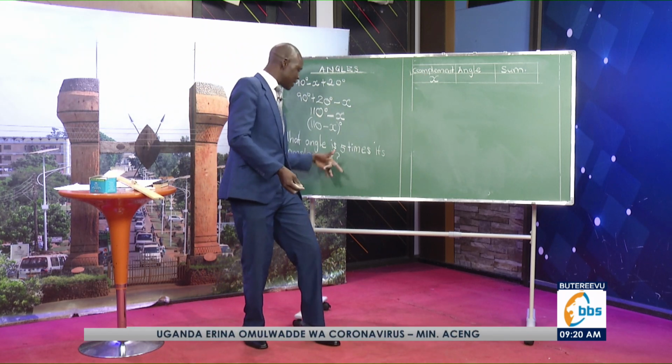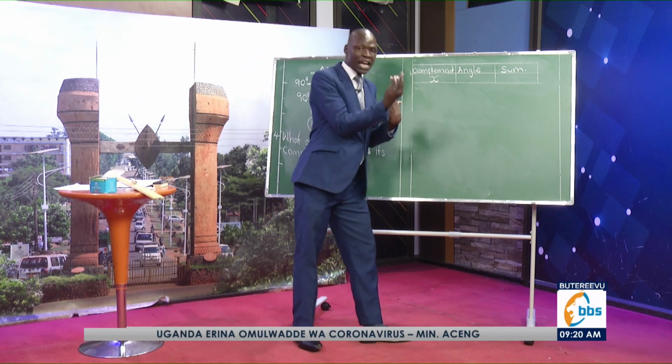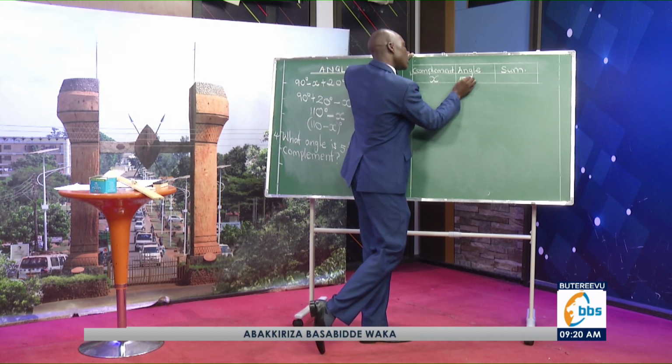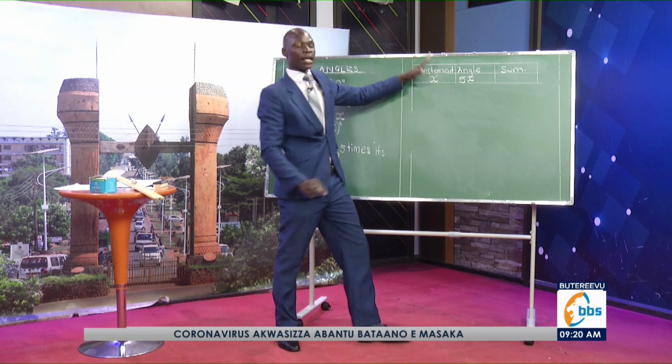Once you know its complement, that angle must be 5 times its complement. Therefore we shall write 5 times x, which is 5x.